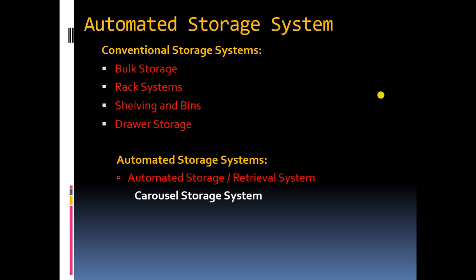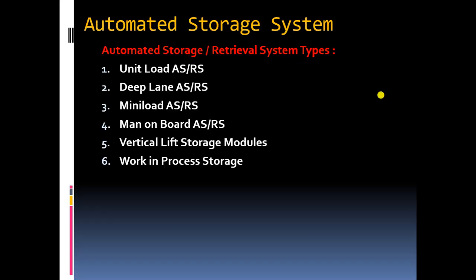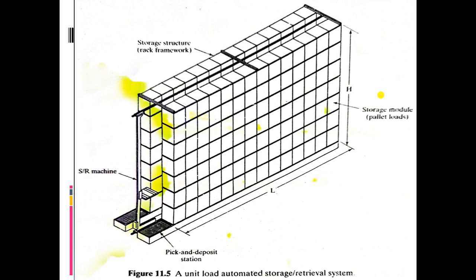This storage structure will be a simple rack framework, made up of fabricated steel that will support the loads contained in the ASRS. So it's a simple system. It does not have a complex structure. We'll see the images of that. You can see a unit load automated storage and retrieval system.